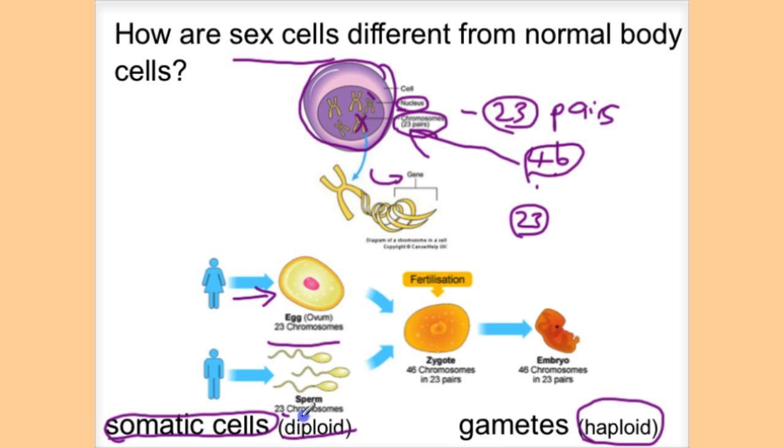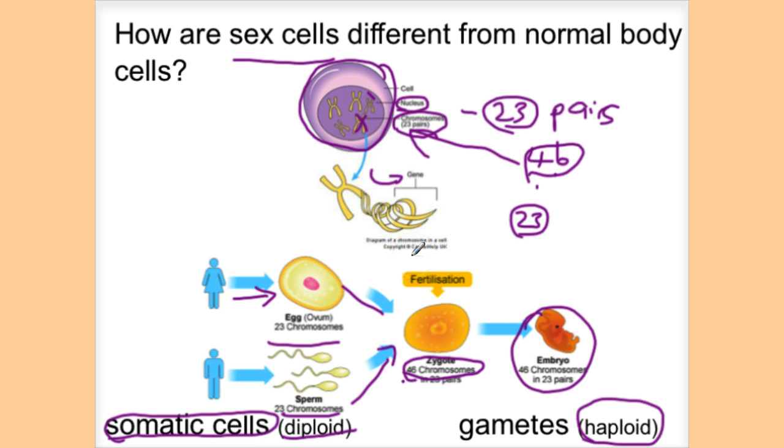So if a male and a female gamete come together, the egg containing 23 and the sperm containing 23, it equals 46 chromosomes. And that is where fertilization happens, and the 23 and 23 come together to form the embryo, which contains the normal set of chromosomes.